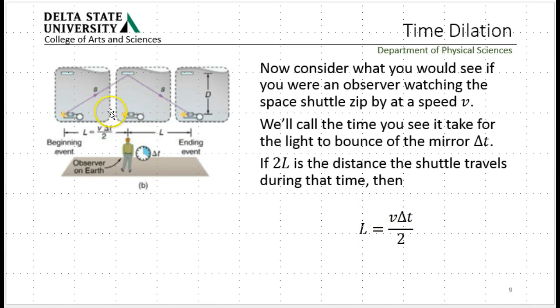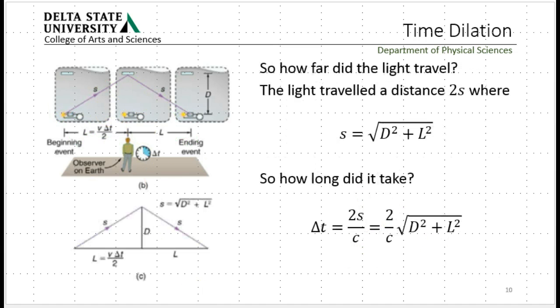Okay? So that's L. And so if we look at what's going on, here you are, you see it go up and back down, right? And S is just d squared plus L squared, just the Pythagorean theorem. So you see it go a total distance of 2S.